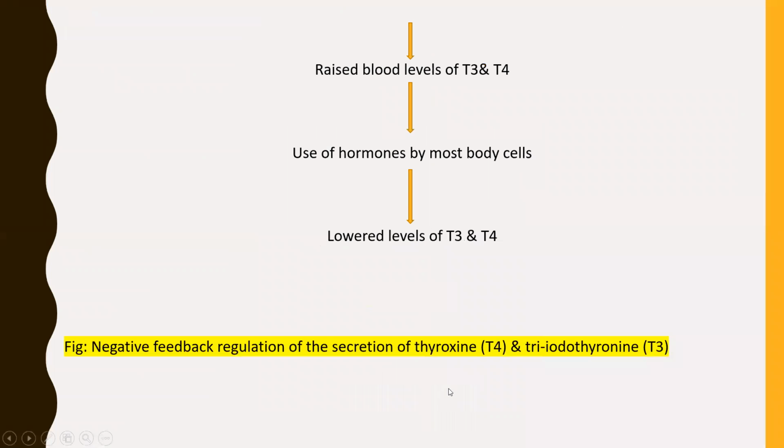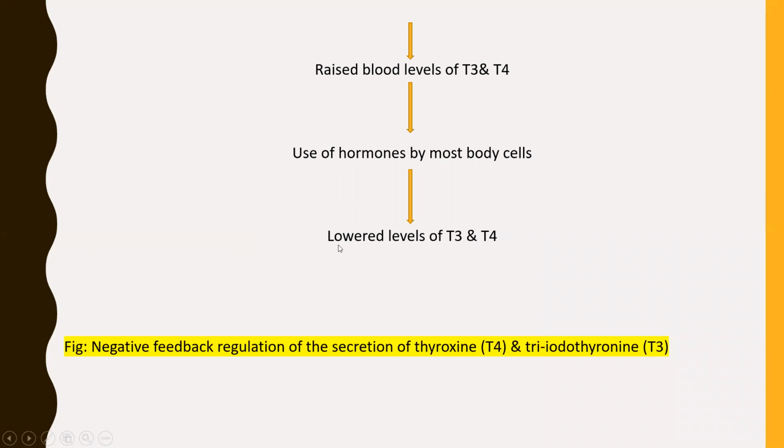Then the blood, then raised blood level of T3 and T4. Most of the T3 and T4 are used by most body cells. Then after that, lowered blood level of T3 and T4, there is a negative feedback mechanism going on.